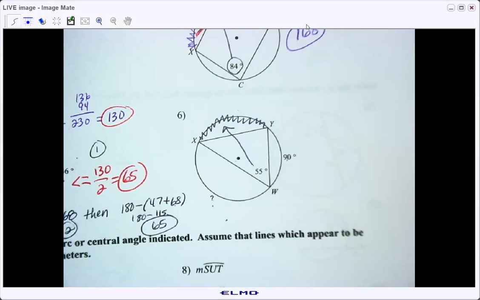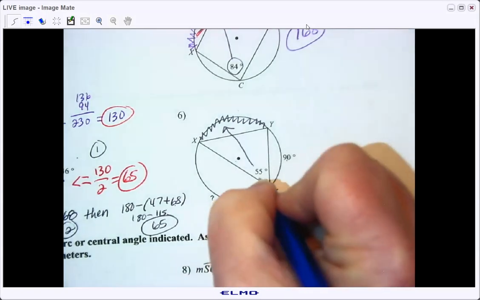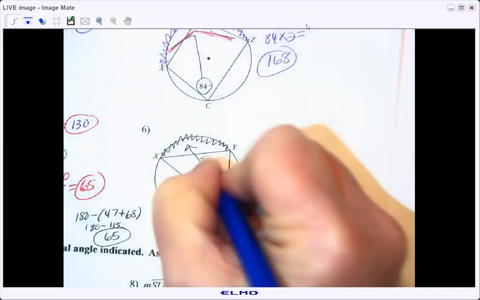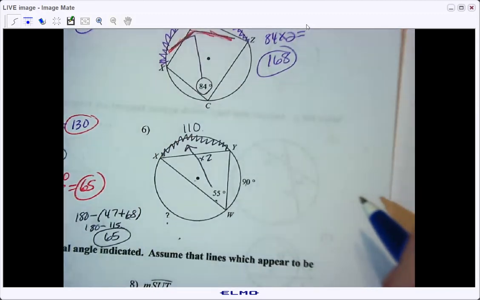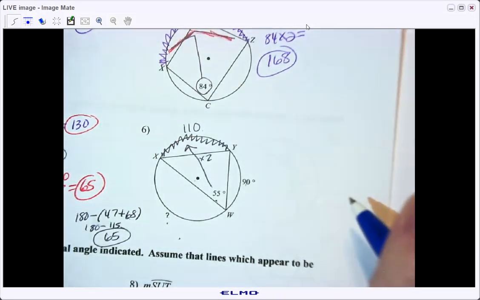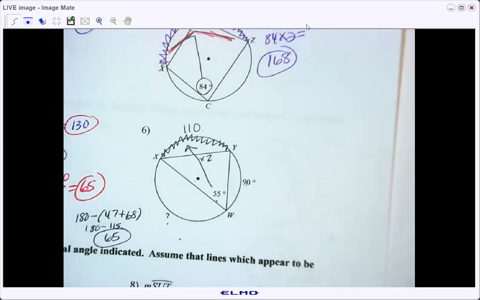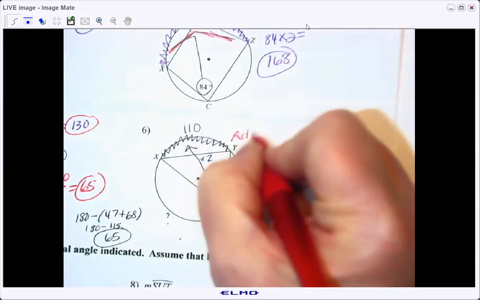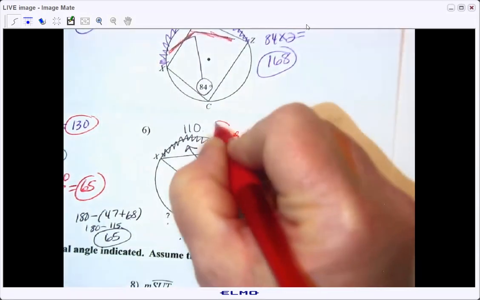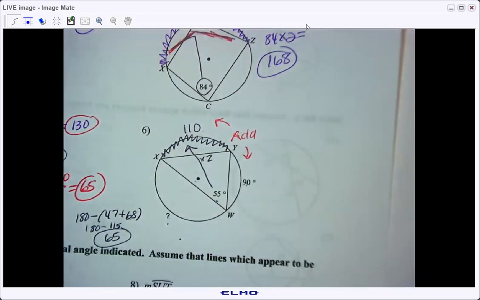Okay, so yes, I'm going from angle to arc. So I'm going to multiply by 2, and I'm going to get 110. So then, in order to find this third arc, let's add these together and subtract from 360.